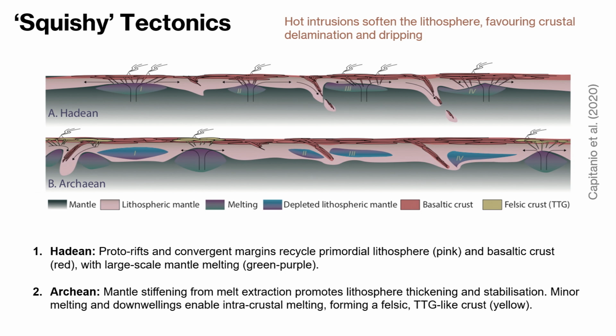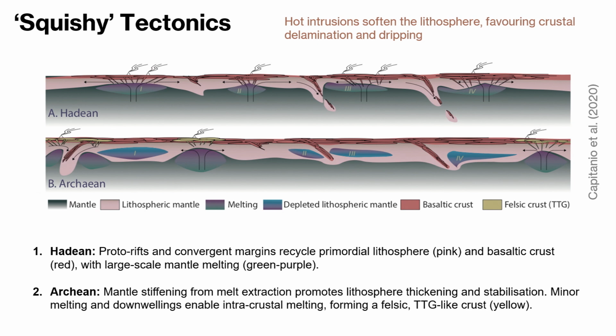And that will promote upwelling, and that upwelling, as you can see in these purple regions, will drive melting. And that melting in turn can start to melt the parts of the crust which had segregated or cooled over time. And that forms something which has a different composition, which is more felsic. It's got a lot more silica in, which is more similar to what we have on the crust today.